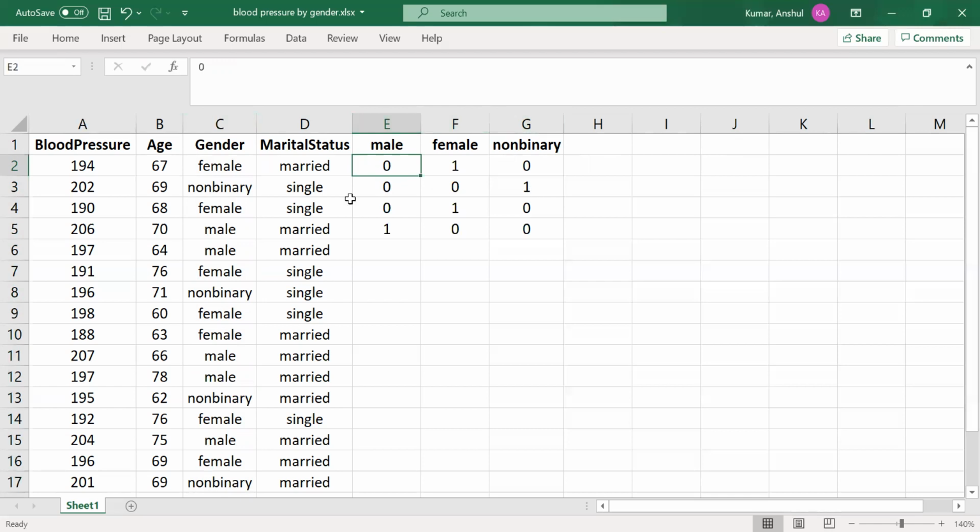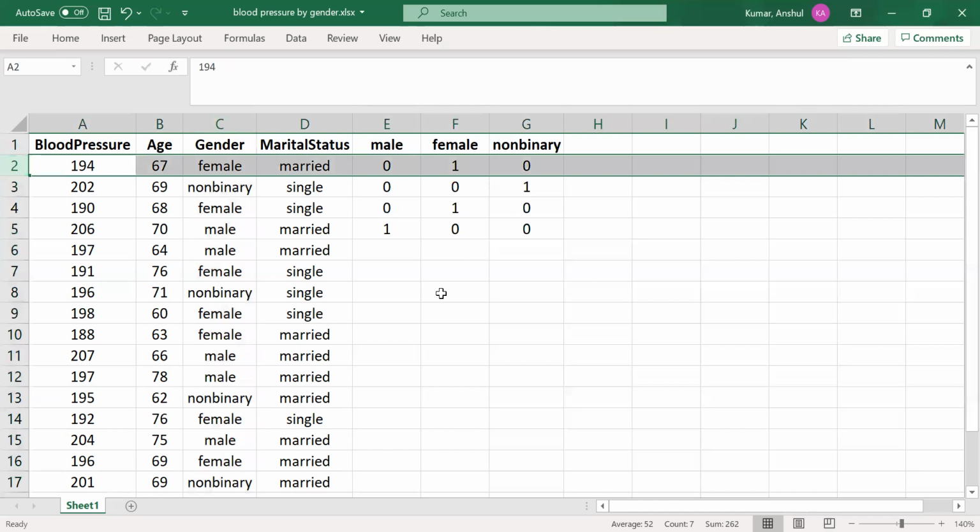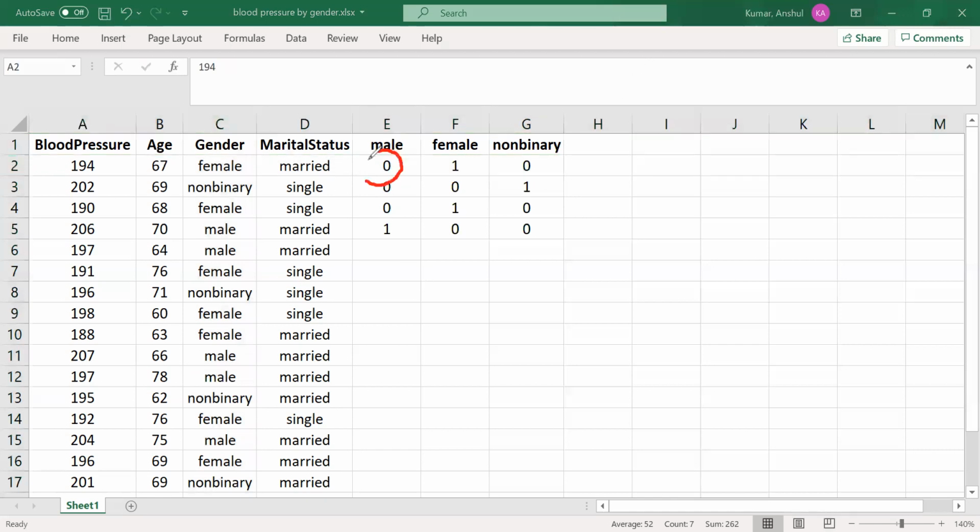So don't look right here at C2. Imagine you couldn't see that. And now the person in row 2, can we figure out their gender? Okay, so we have a 0 here. So we know they're not male. We have a 1 here. And that tells us that they are female. So that's the answer to our question.